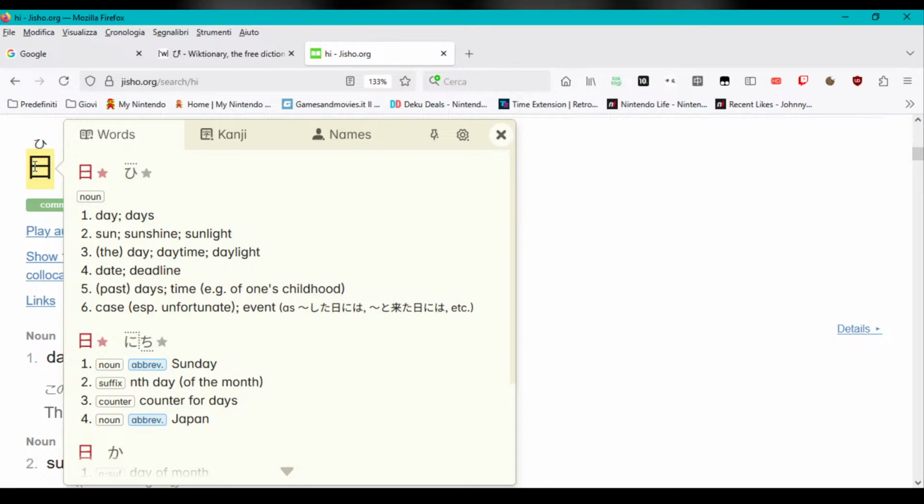Again, that's why knowing the accent can be quite useful. I wish I knew about it when I started Japanese. And he means day, days. Also the sun, but more often than not, there's another word for sun. Usually the basic meaning is day, days.